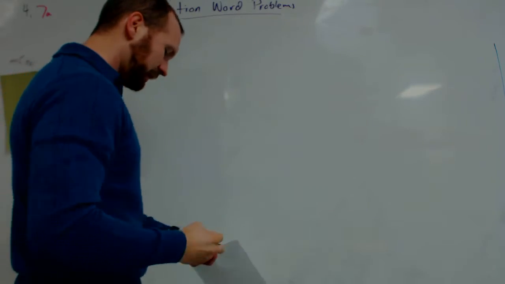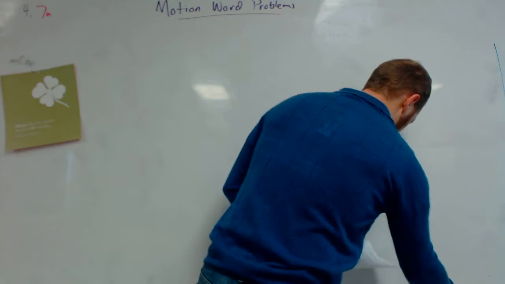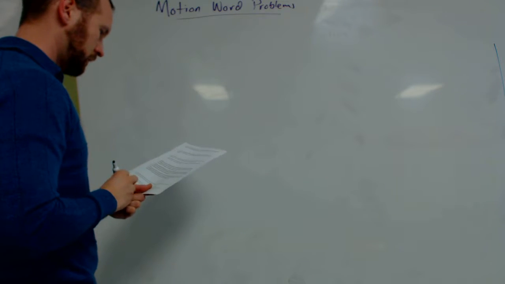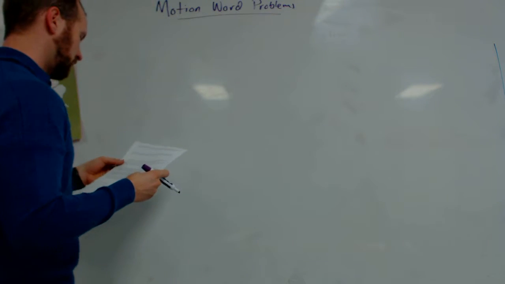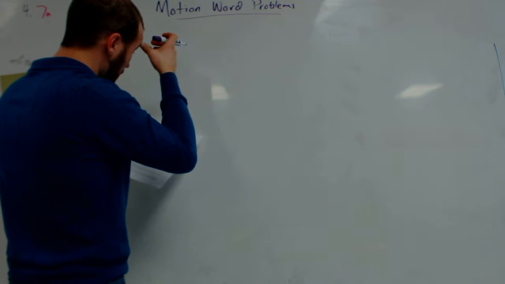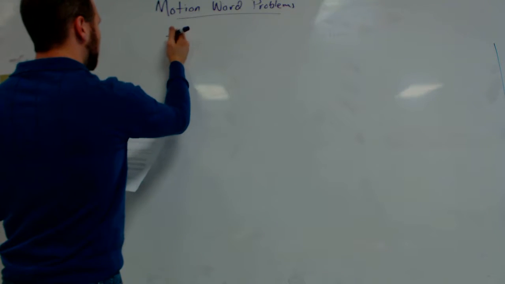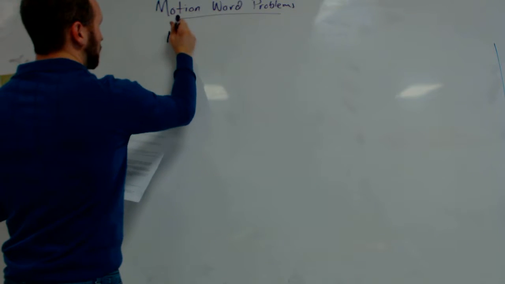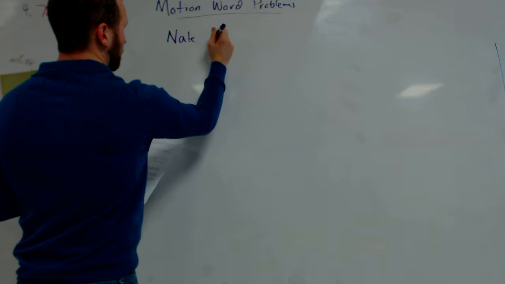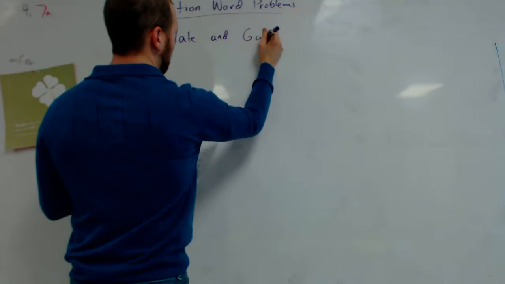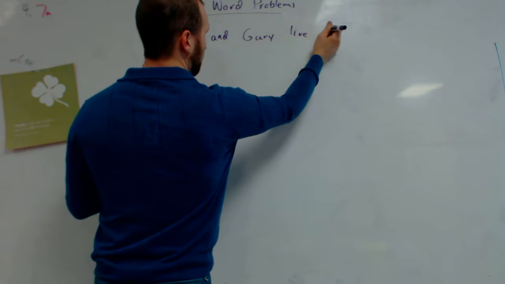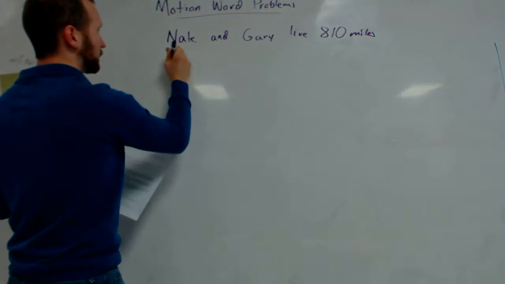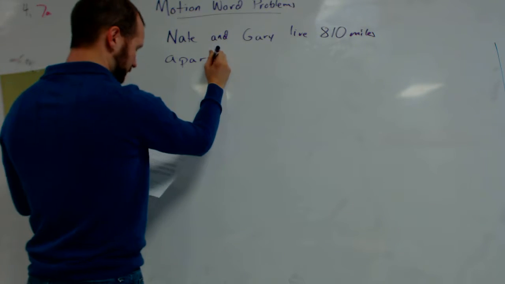Alright, so let's take a look at another one. Nate and Gary live 810 miles apart. They both have very long commutes.